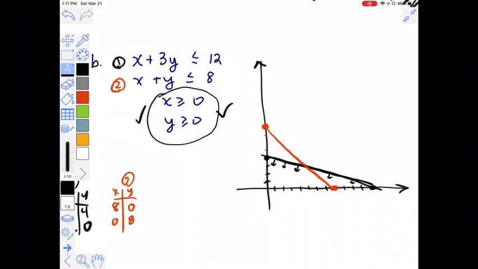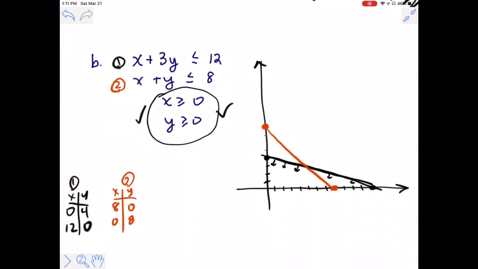Now for the other one, for this inequality, you're going to do the same thing. I'm going to use a test point of (0, 0). If x and y are both 0, then I have the statement 0 is less than or equal to 8, which is true. So I'm also going to be shading towards the test point on that red line. So I'm shading there.